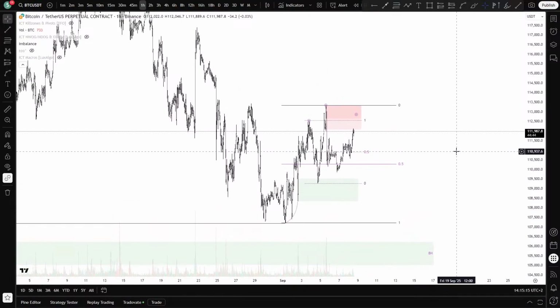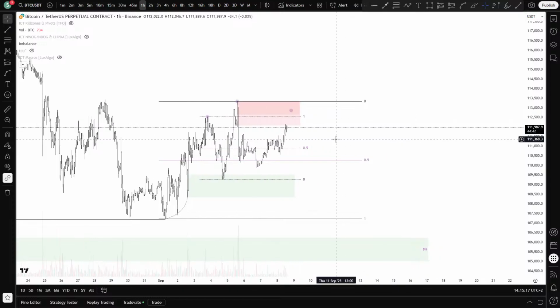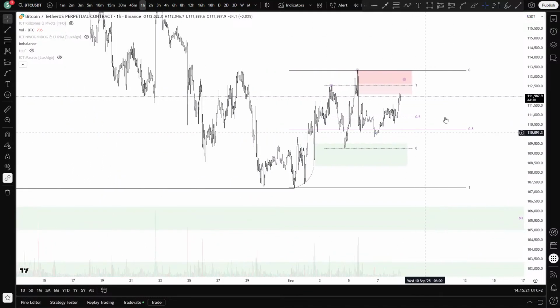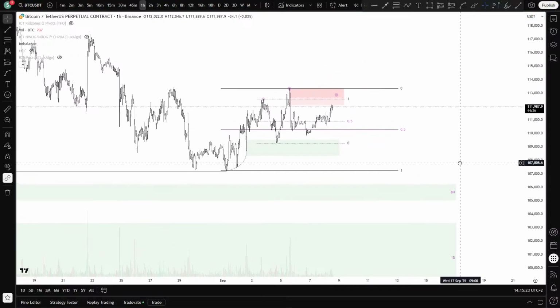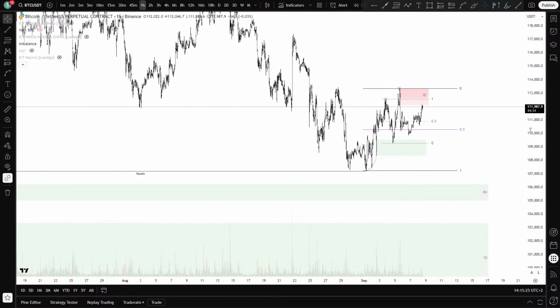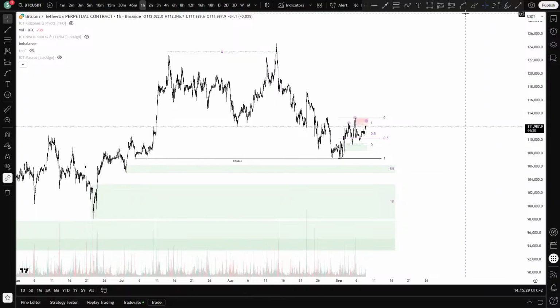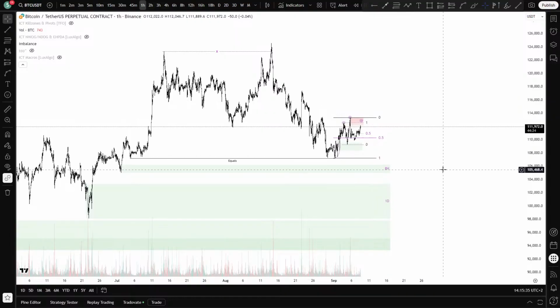So for Bitcoin right now, we can get some local plays with this lower time frame range. We can get the short, and then on the higher time frame, we can maybe create a long. So Bitcoin is looking really nicely, lower time frame and high time frame.